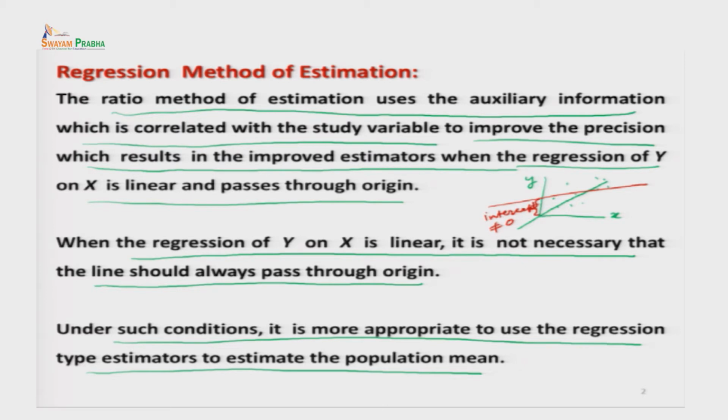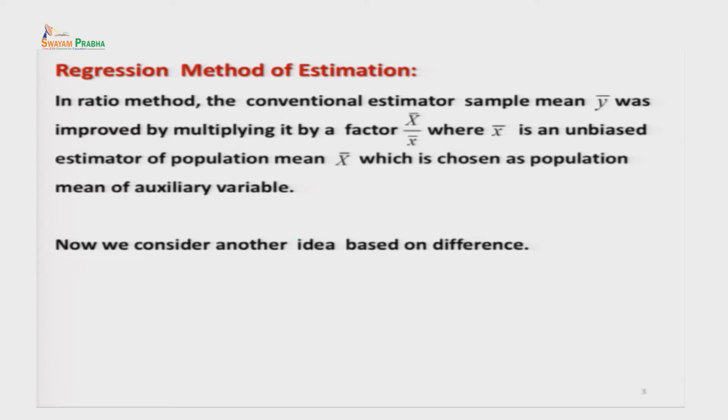And if not, then the regression method of estimation is better to use. Right. So if you try to recall what we did in the ratio method of estimation, we considered the sample mean y bar, and then we improved it by taking the ratio of y bar and x bar.